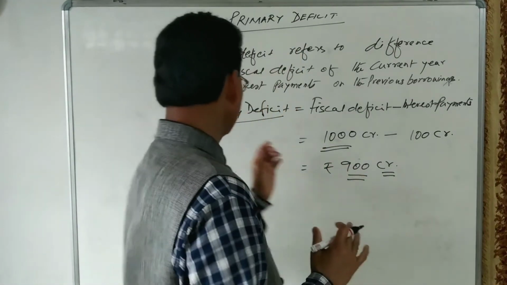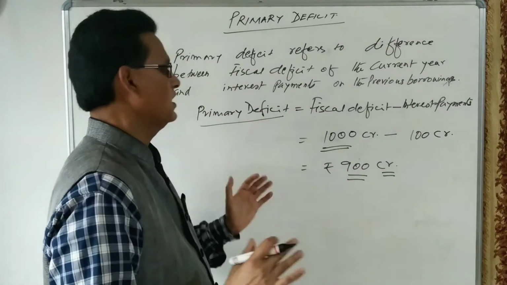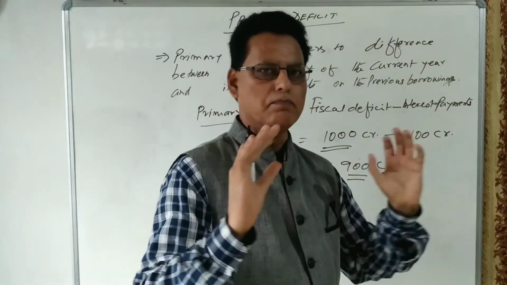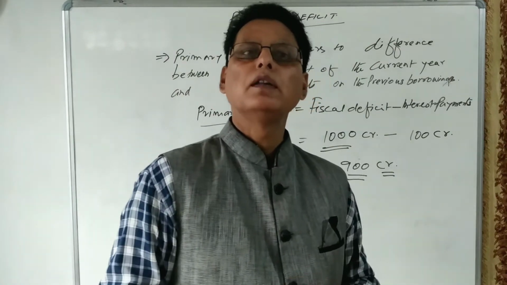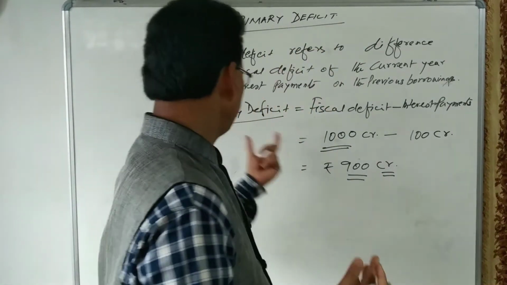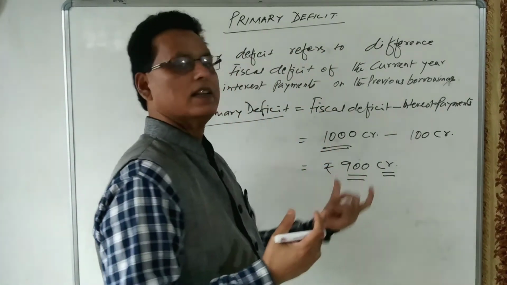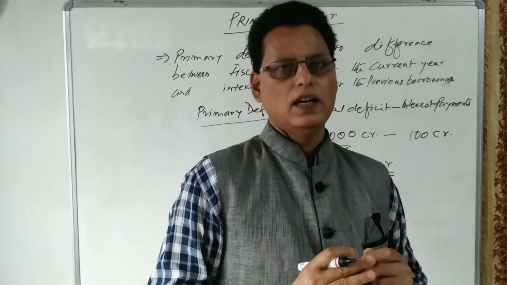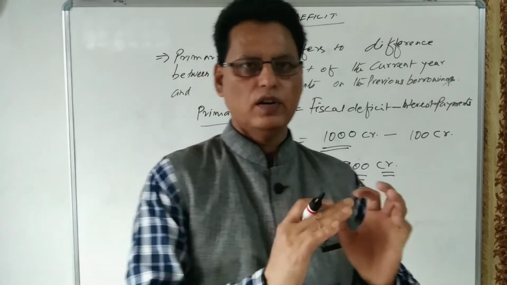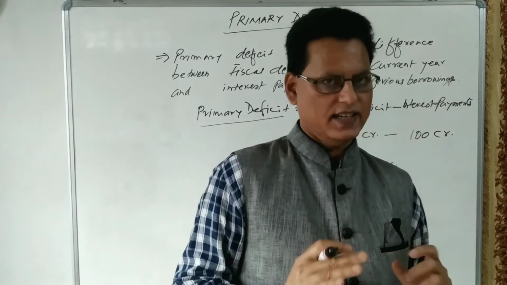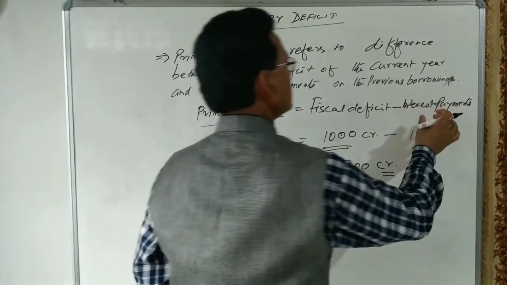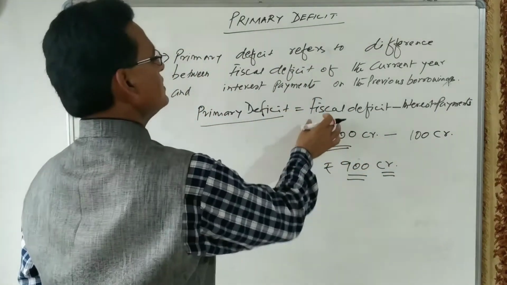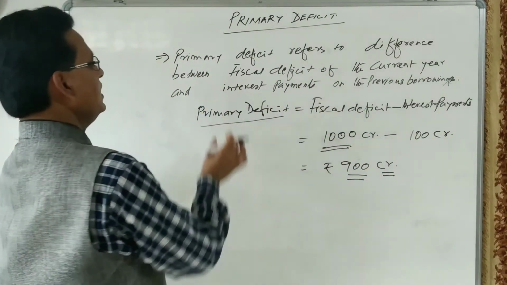If the primary deficit is more, then certainly more money will be available for development. If the primary deficit is less, then less money is left with the government for the creation of assets. That is why the government is trying to reduce the interest payment and increase the primary deficit.